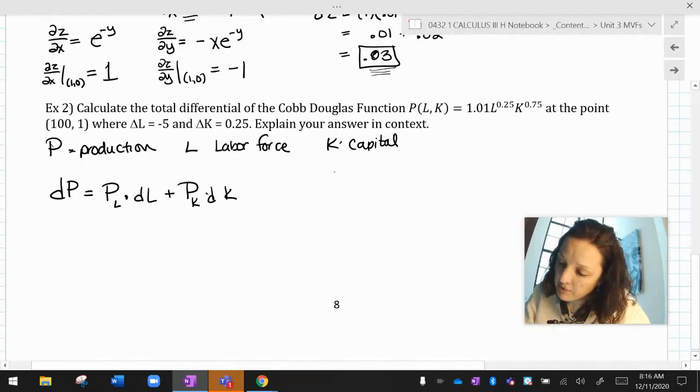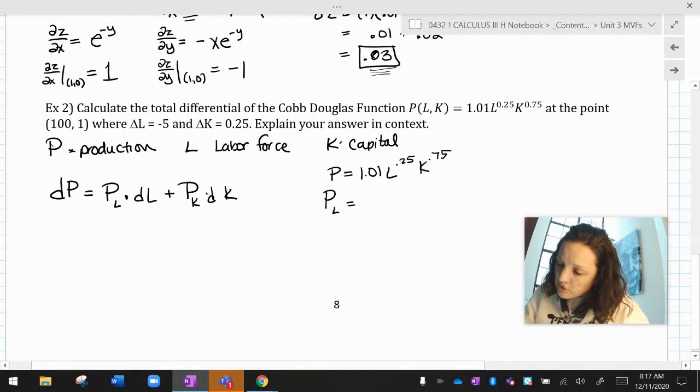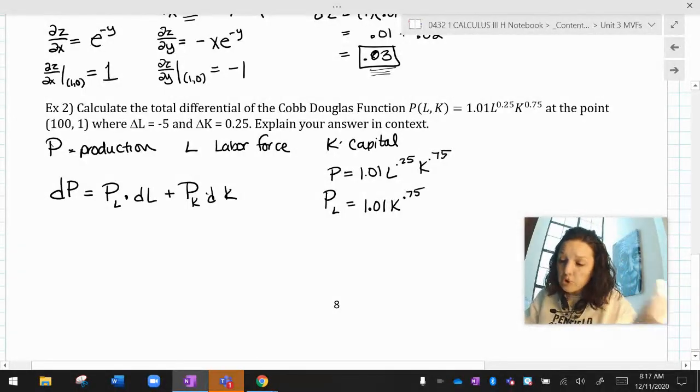All right, so here's my function. P is 1.01 L to the 0.25, K to the 0.75. So if I want P sub L, that's the derivative with respect to L, so 1.01 K to the 0.75 would all be like a coefficient. And then the derivative of L to the 0.25, well, that's a letter raised to a number.